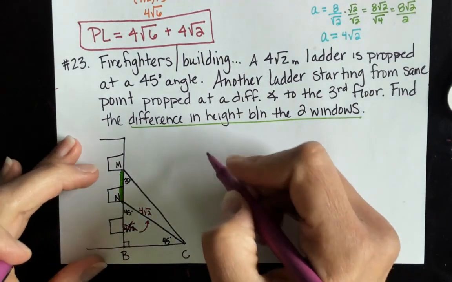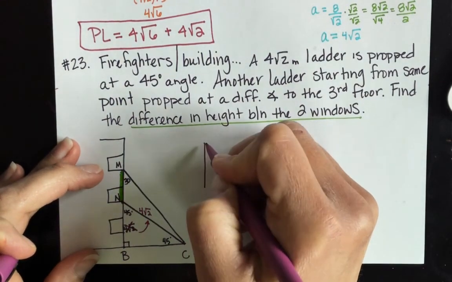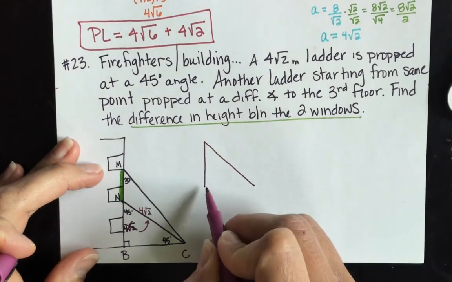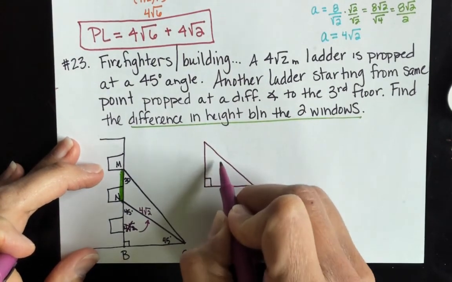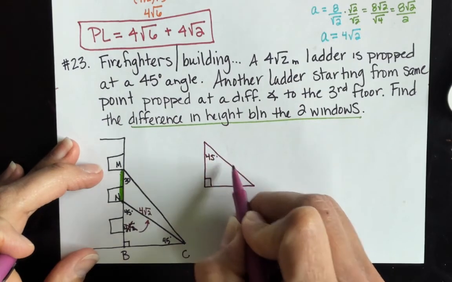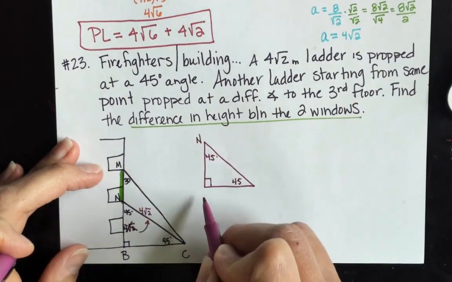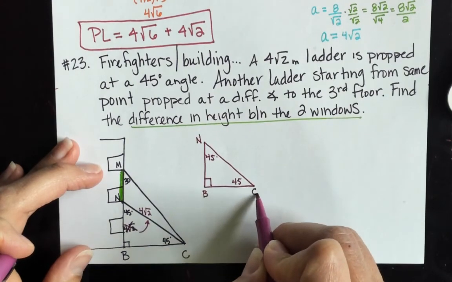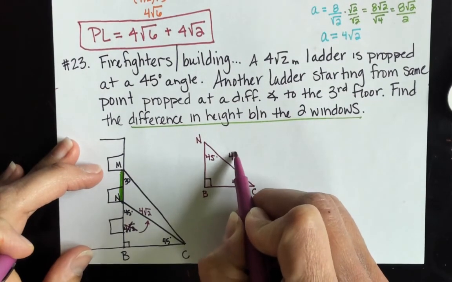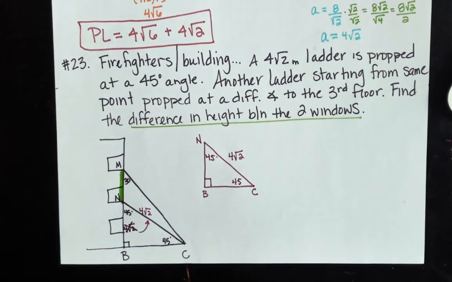So we're going to do 2 problems again. I'm going to draw our 45, 45, 90, which was N, B, C, and they told us that this was 4 radical 2.